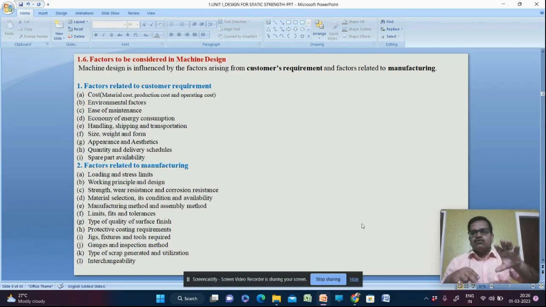These are the two mating parts. We are going to define the maximum and minimum dimensions of these two things in order to have the defined fit or required fit. Between the bearing and the shaft, we require a relative motion. In order to have relative motion, there must be clearance between them. That means the maximum size of the shaft should always be lesser than the minimum size of the hole of the bearing.